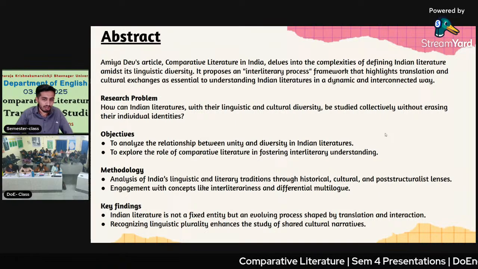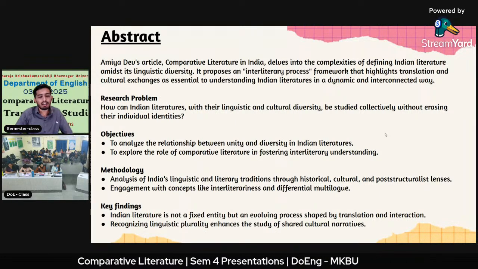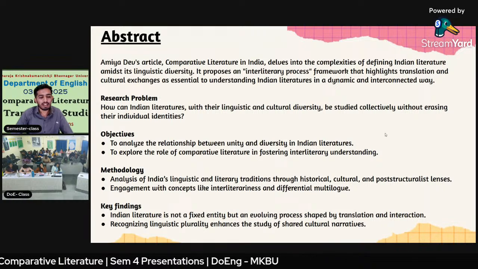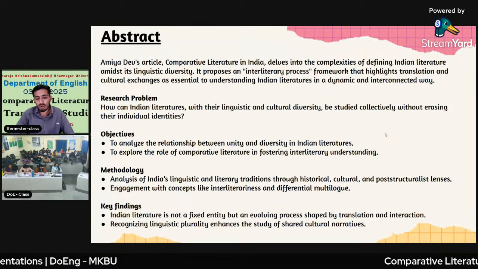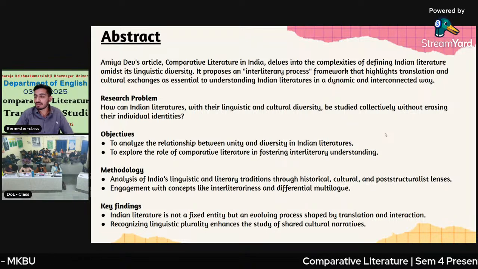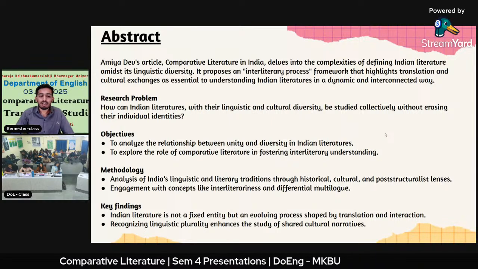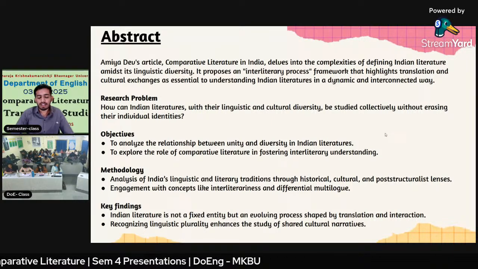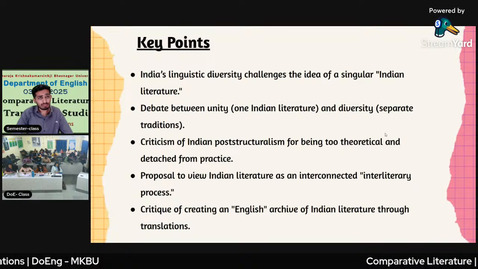By study of this article, the key finding revealed is that Indian literature is not a static entity. It is an evolving process shaped by translation, interactions and exchanges. And by recognizing linguistic plurality, it enhances the study of shared cultural narratives.